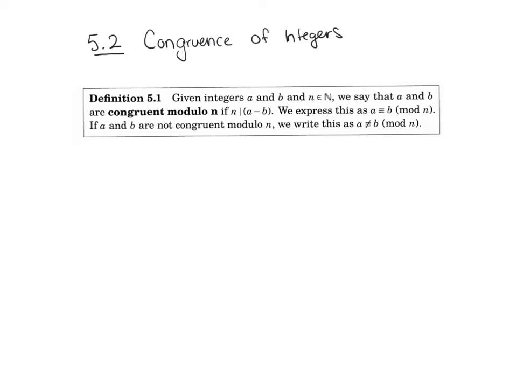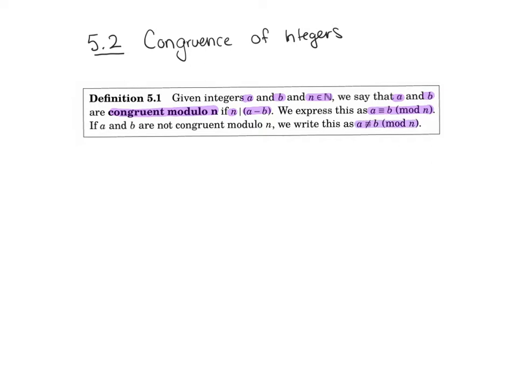Given two integers, a and b, and some natural number n, we say that a and b are congruent modulo n if n divides the difference of a and b. We express this as a is congruent to b mod n, and if they're not congruent, then we write this as a is not congruent to b mod n.